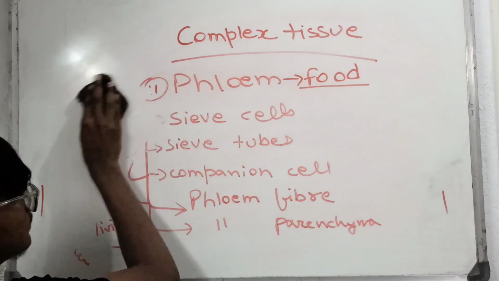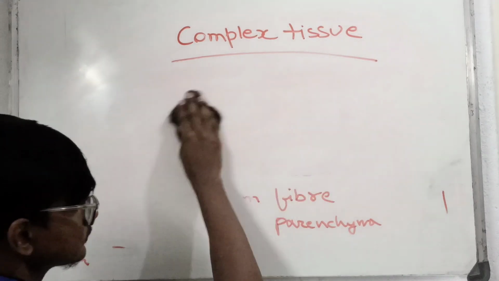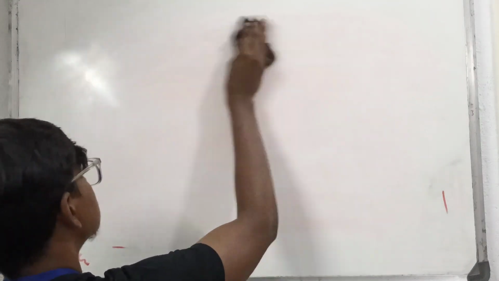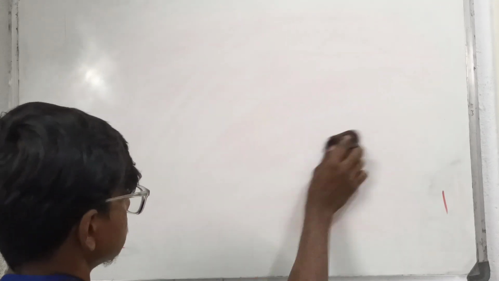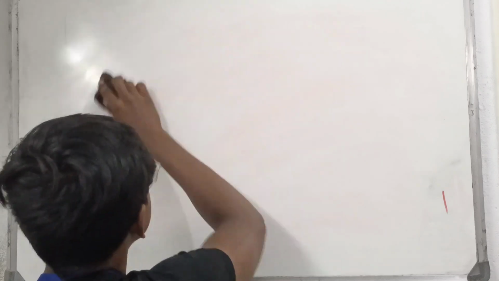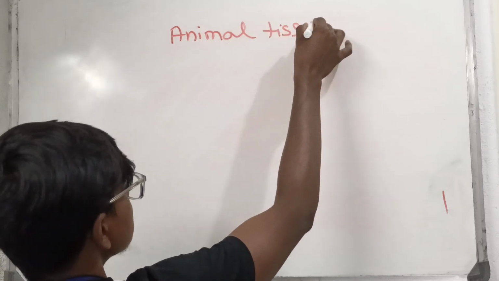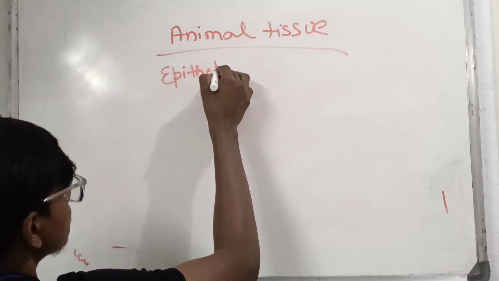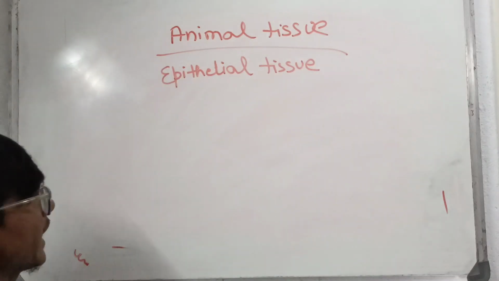Now we will see animal tissue. In animal tissue, first we will see the epithelial. So epithelial tissue will have some types.